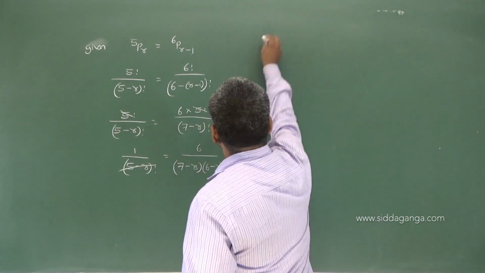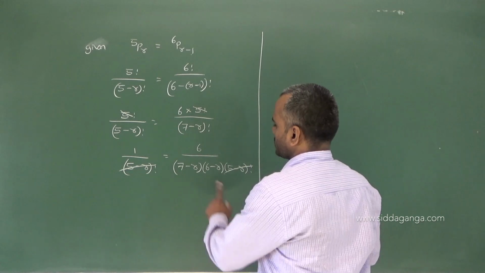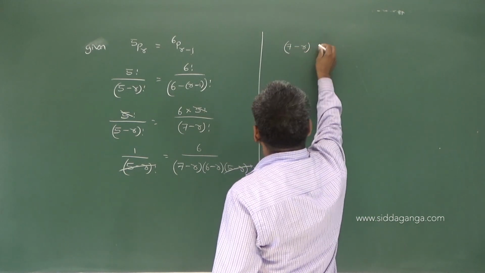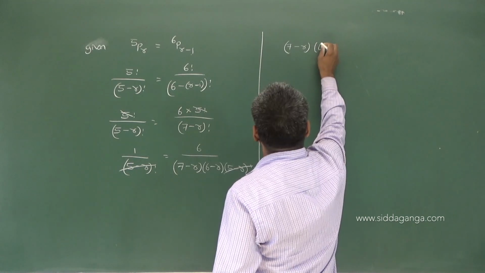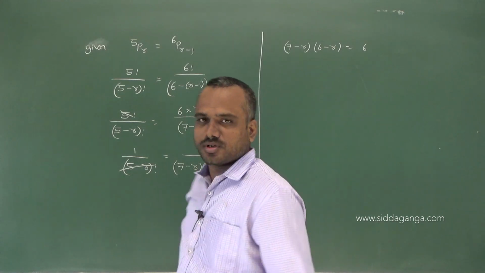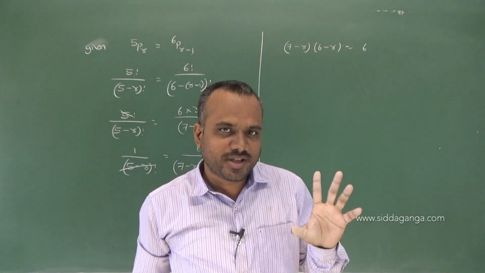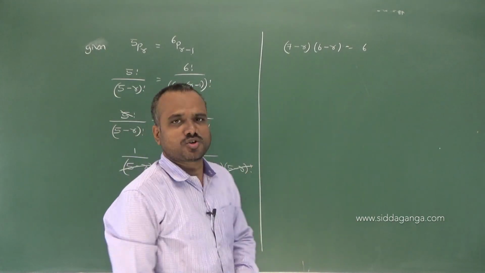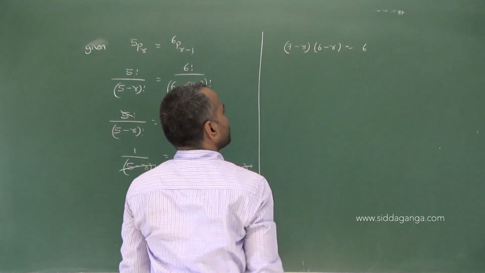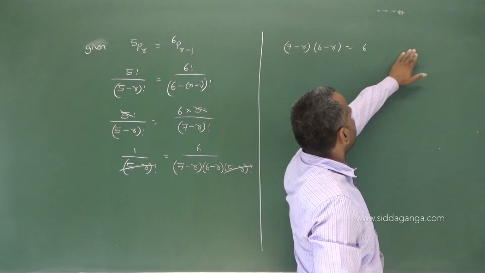So on cross multiplying, (7-r)(6-r) is equal to 6. The last problem I solved by inspection method. This problem I can solve by quadratic equation method, or else inspection method is very easy.